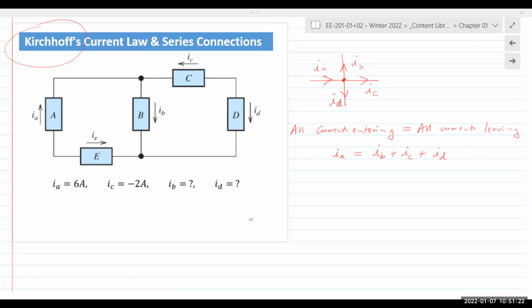And so we would simply write it out: all the currents entering are on the left-hand side, so it's only IA that's entering, and then everything else is leaving. So we get IB plus IC plus ID. Yes. Sorry, I'm just referring to this one right now. Should have mentioned that.